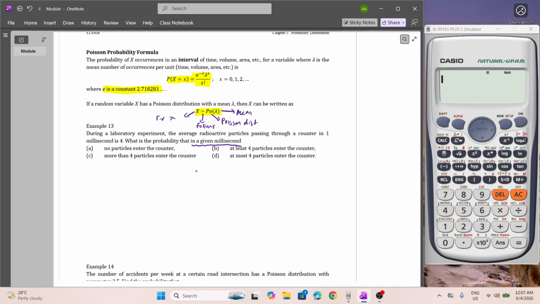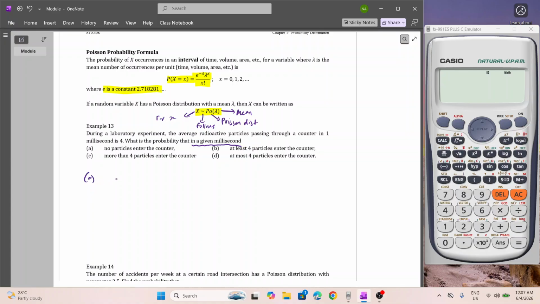I mean, there are no two outcomes as in the binomial distribution. Therefore, the Poisson distribution is more suitable for this kind of situation. So now let's try to solve question A.